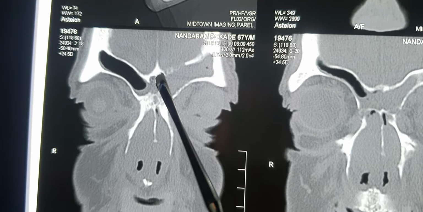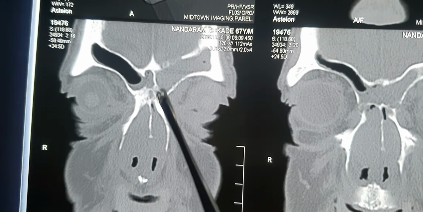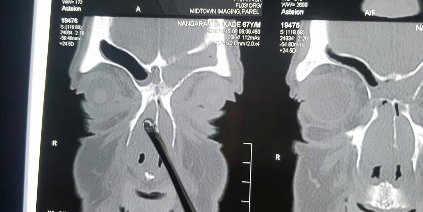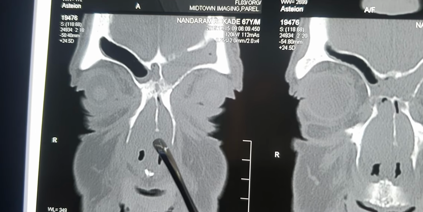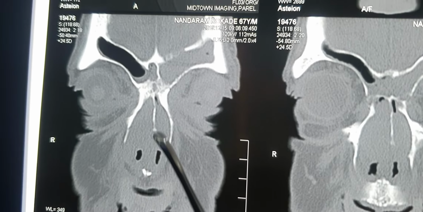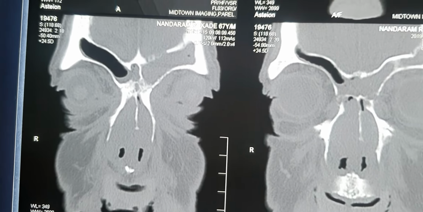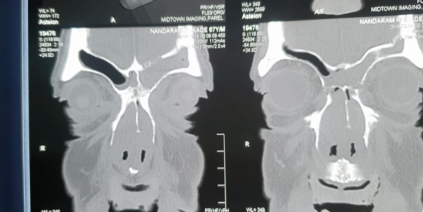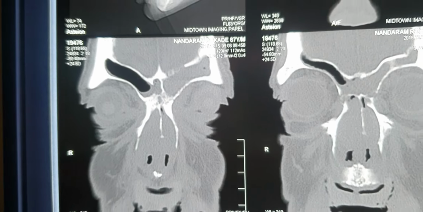And as you can see, this is the interfrontal sinus septa, the perpendicular plate of the ethmoid, the bony septa, and see the entire nasal cavity with minimal normal gap seen. This entire nasal cavity is opacified, with the right frontal sinus still having a minimal opacification.